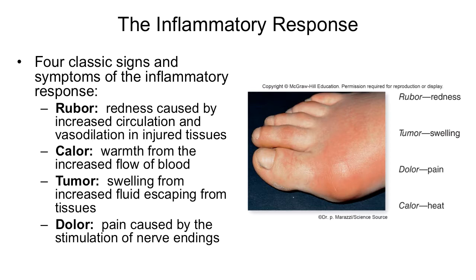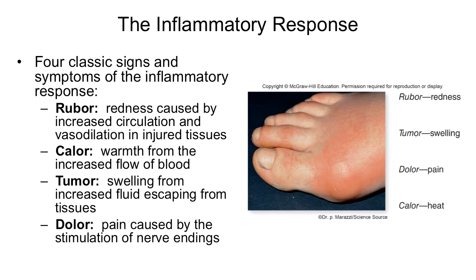Calor is the next sign. It's the warmth that is happening in the area of inflammation resulting from the increased flow of blood. Tumor is the swelling of the area when fluid is now escaping the circulation and bathing the area where the inflammation is, to allow the fluid to eventually go into the lymph and take the molecules that are causing the inflammatory response to the lymph node.